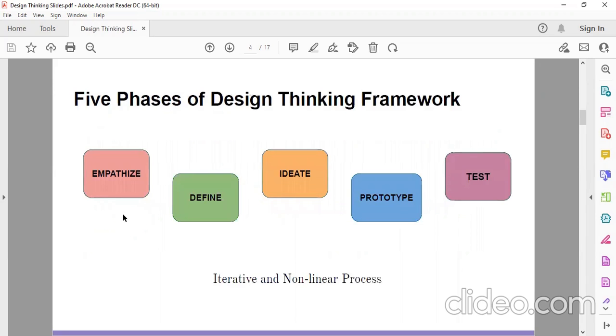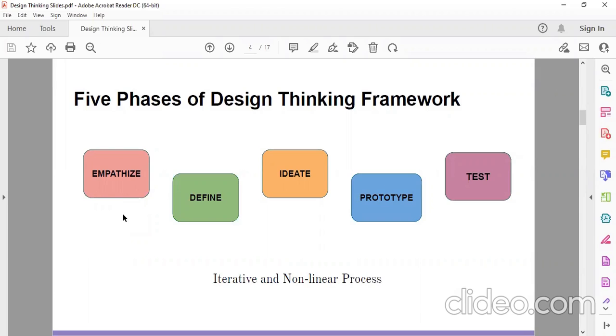Before that, there's another point. People usually confuse that design thinking is something that is only for the designer. Is that the case? No, right? This is not something that is related to only designers.